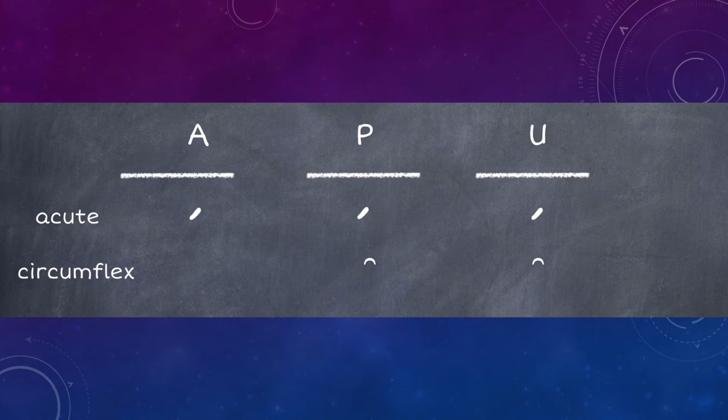The acute can sit on any of the last 3 syllables of a word, whereas the circumflex can only sit on the last 2. So we'll come back to the circumflex when we focus on contract verbs. So for now, we're just going to focus on the acute.